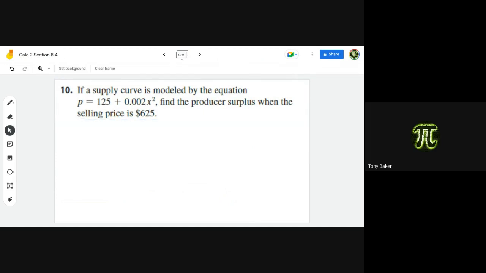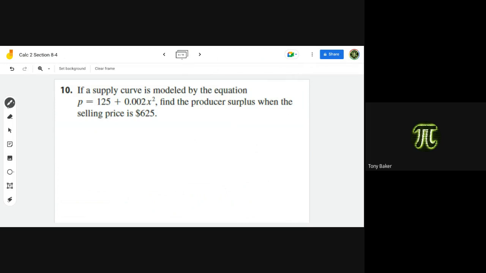All right. That's PS. So this one, where am I putting that 625?